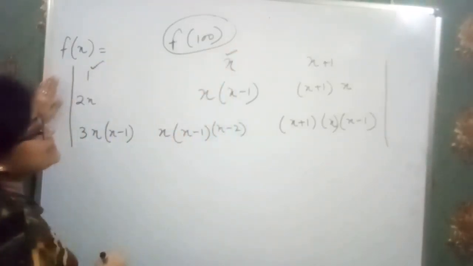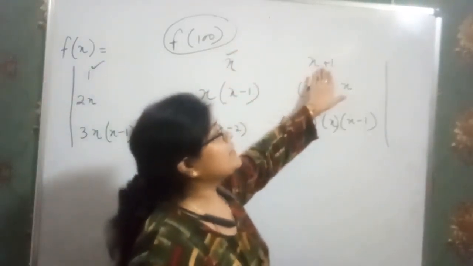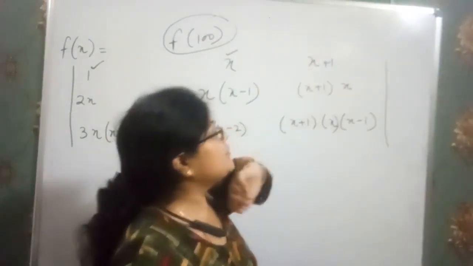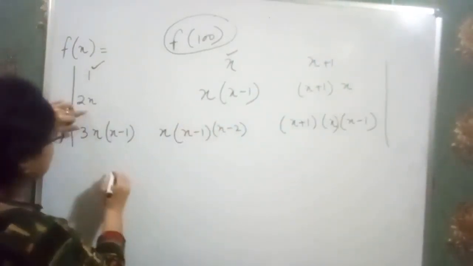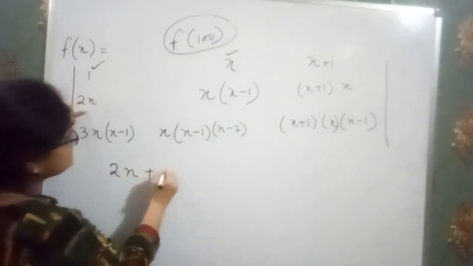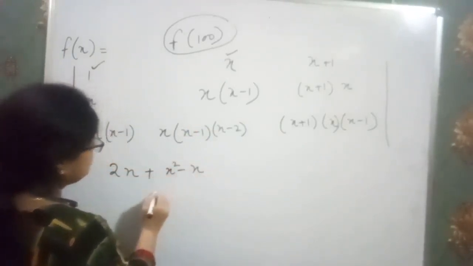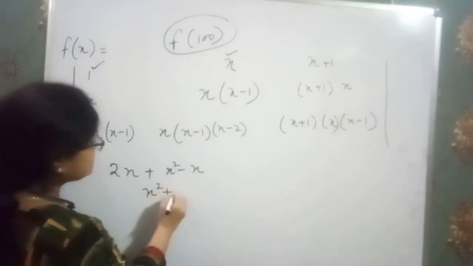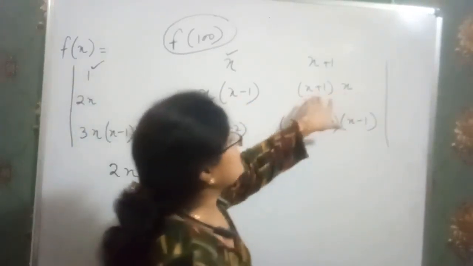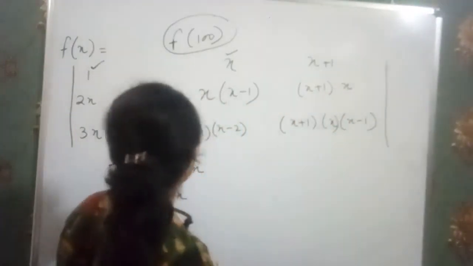Now just check the second one, 2x plus x square minus x. So we have x square plus x. Here we also have x square plus x. It also gets subtracted and gets 0. Now just observe the third case.